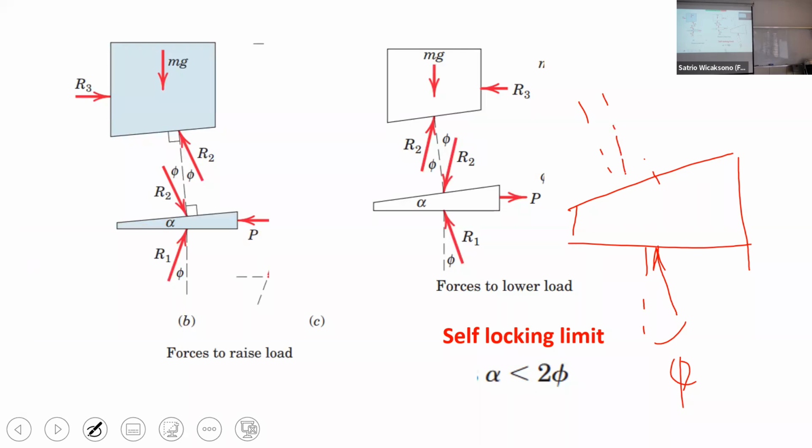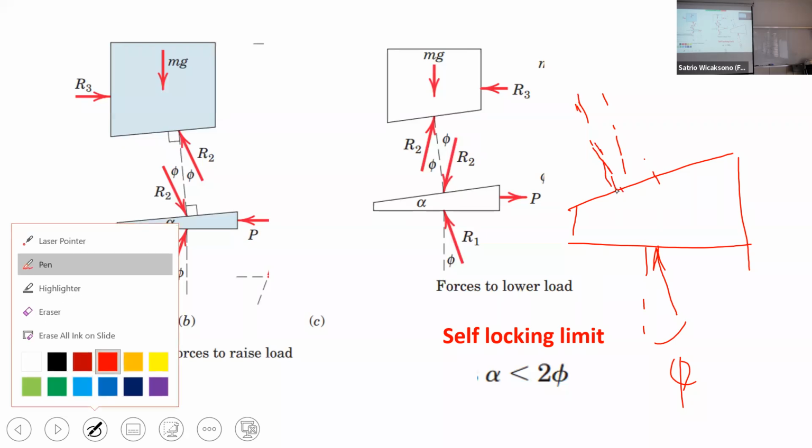Ini normalnya misalkan seperti itu. Sorry sedikit ya. Ini adalah normalnya, jadi gaya normalnya itu ke sini. Ini adalah permukaan normalnya.